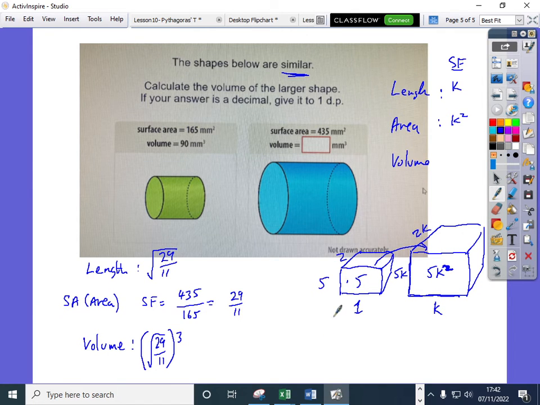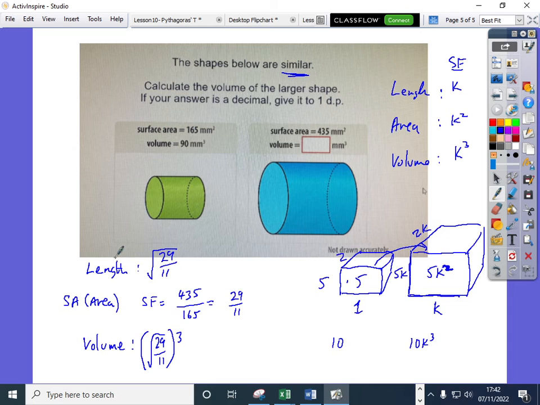So the volume here will be 1 times 5 times 2, which is 10, and this will be 5k times 2k times k, which gives me 10k cubed. This length has been stretched by k, and this length has been stretched by k, because that was the initial scale factor, and therefore the volume becomes that cubed. So the scale factor is cubed when you get the volume.